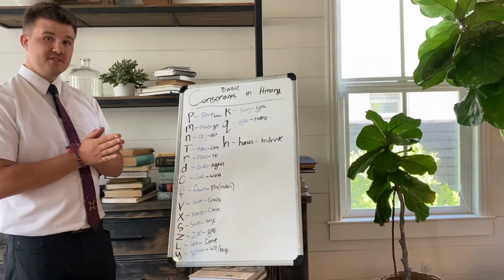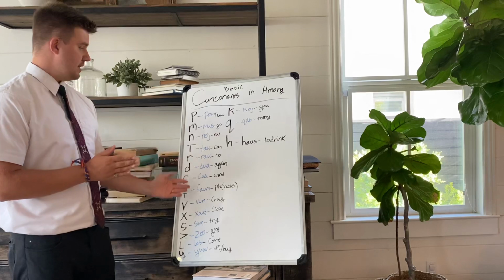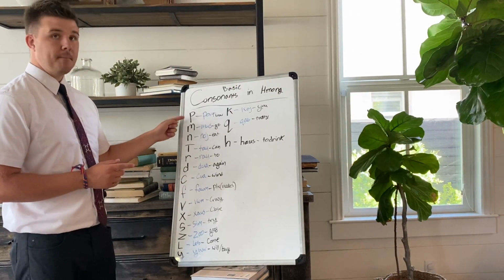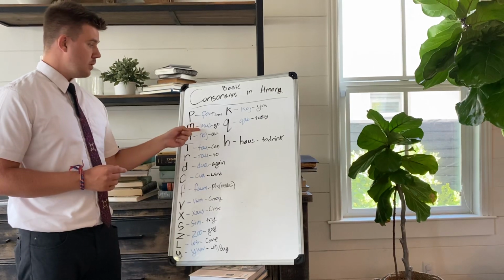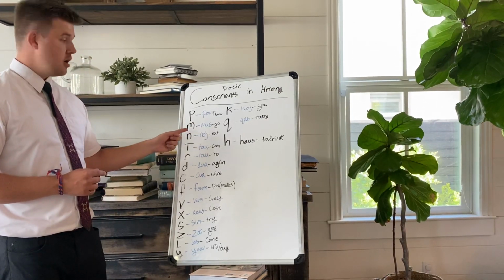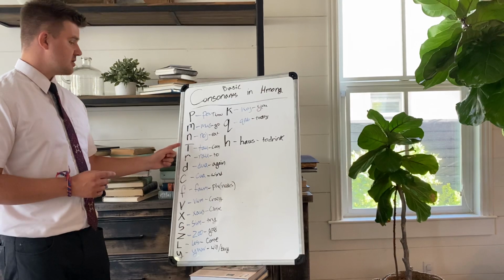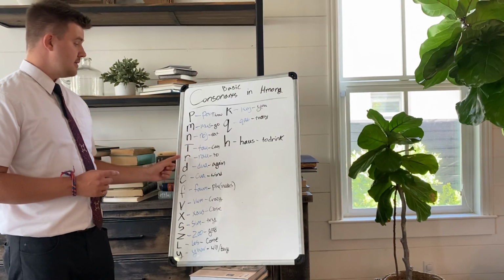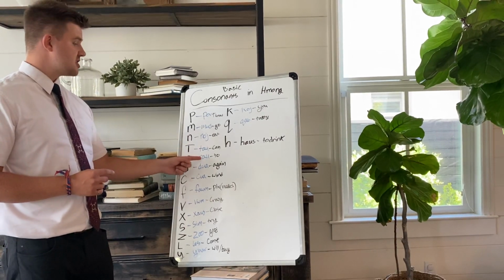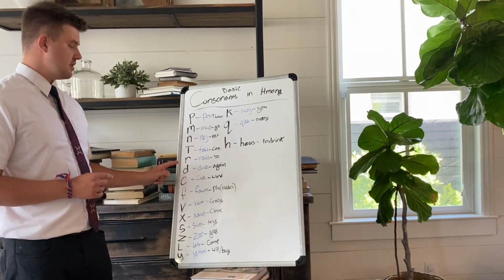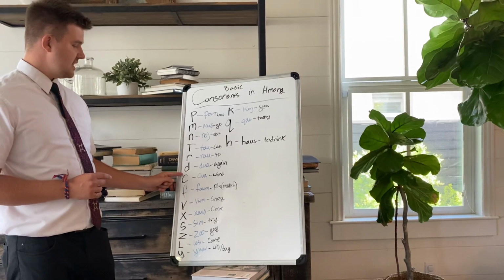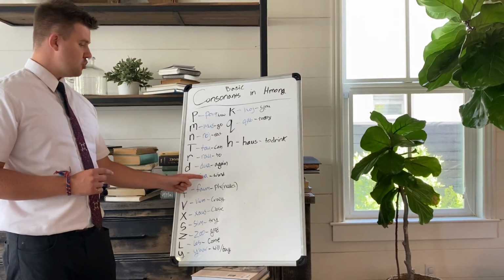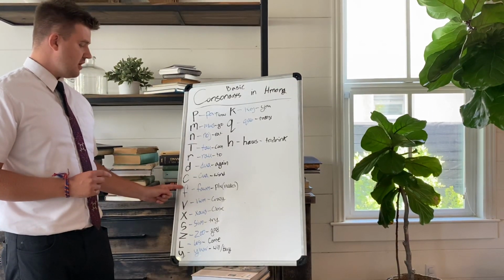Awesome. We're going to go over this one more time. I'm just going to run through them for you. P, ba. M, mo, mu. N, no. T, do, tao. R, do, dow. D, do, dua. C, yaw, dua. F, fa.